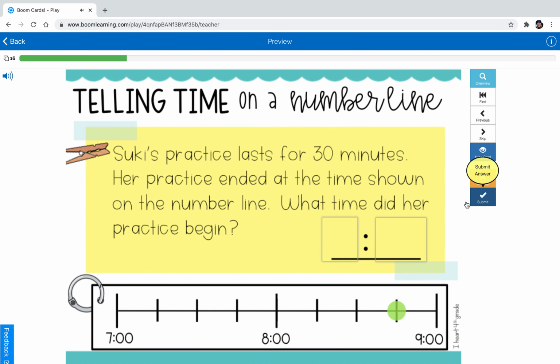Aha. Okay. And then they're going to start asking you to actually put in the time. So let's practice this one real quick. Suki's practice lasts for 30 minutes. So her practice, whatever she's doing, maybe piano or something like that, lasts for 30 minutes. Her practice ended at the time shown on the number line. What time did her practice begin?